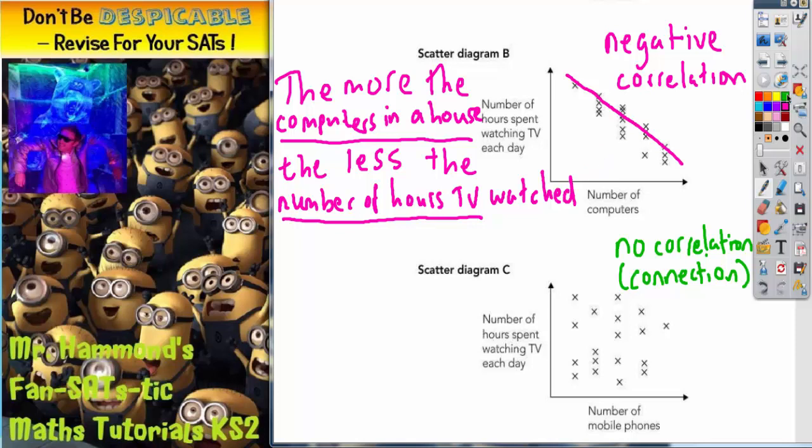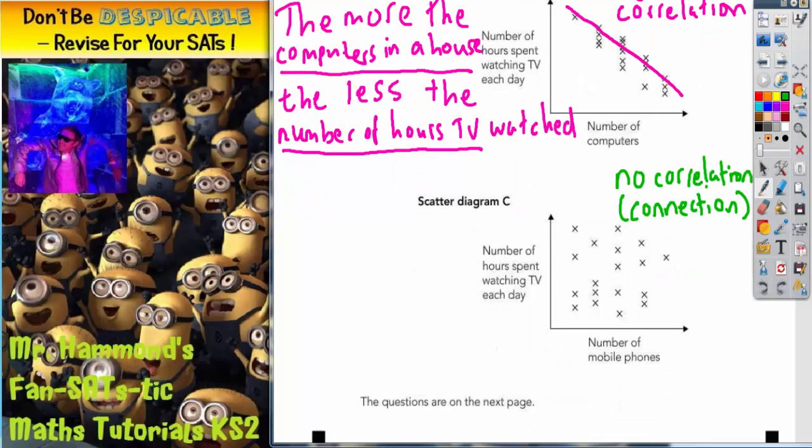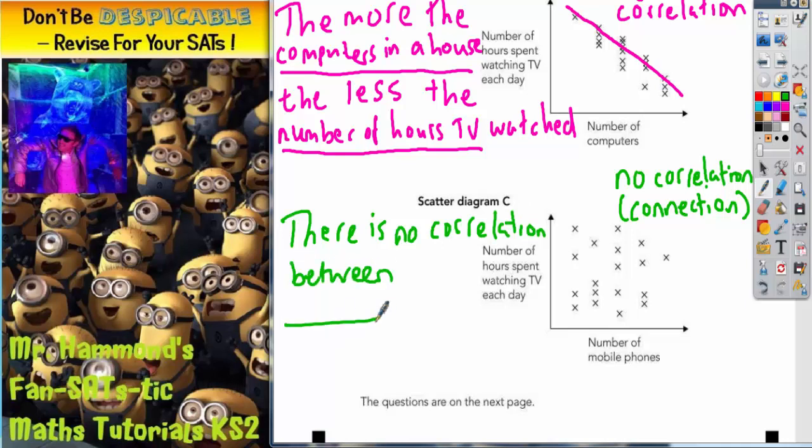In the final diagram, if there is no correlation and no connection, this is the easiest one of all. All we need to write is there is no correlation between blank and blank.